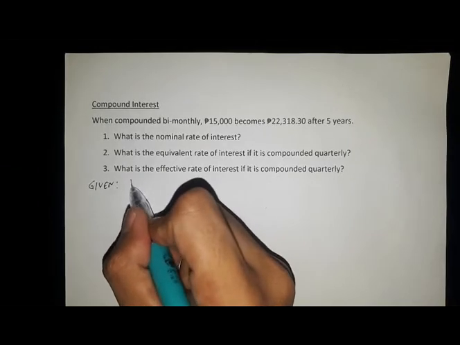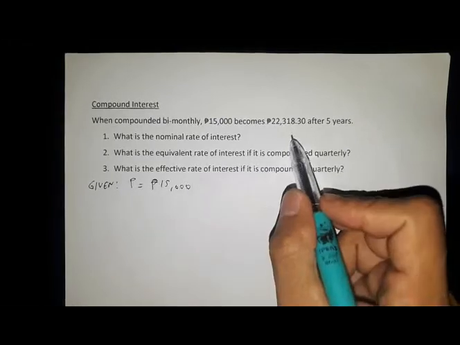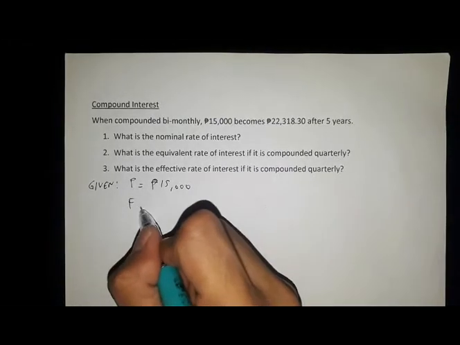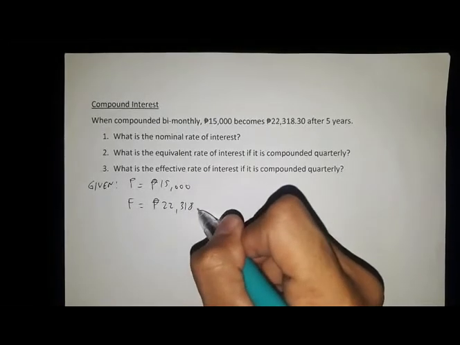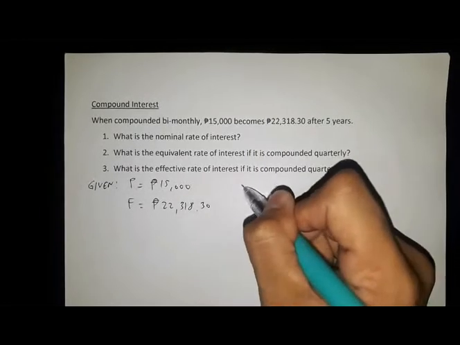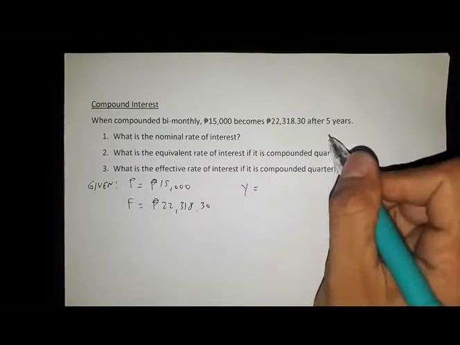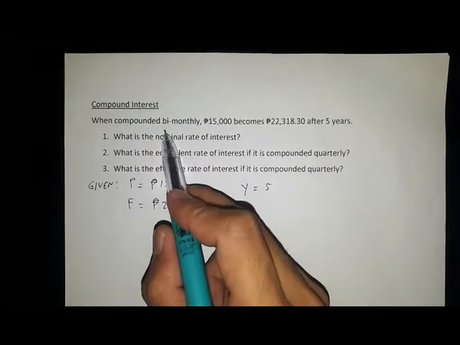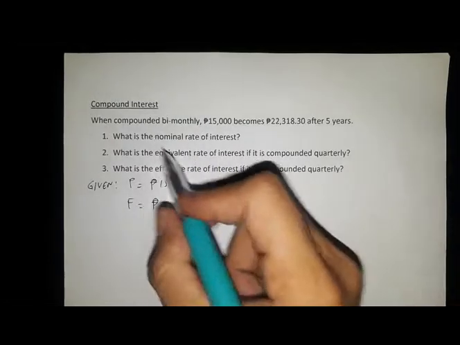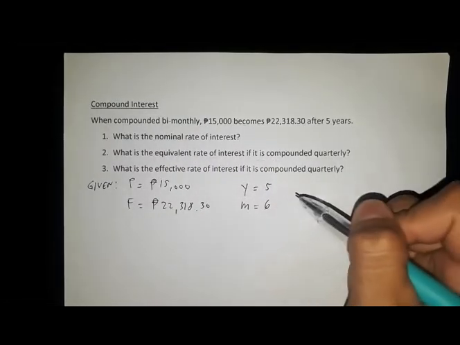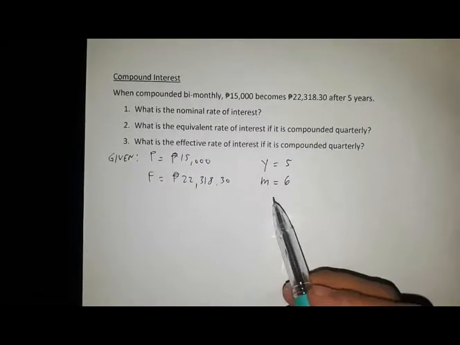So we have here our P of 15,000, your F after 5 years is 22,318.30 pesos, and the number of years is equal to 5. It is compounded monthly, therefore we have M equals 6 because it has to be compounded 6 times in a year.